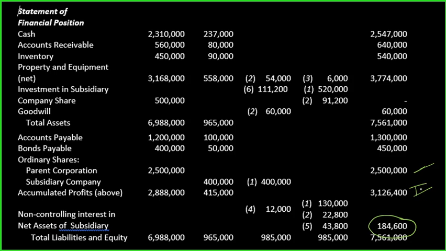Ito yung galing sa T accounts natin. O hindi natin dinagdag yung na-compute natin na retained earnings ng subsidiary, di ba? Instead, we add subsidiary, minority interest, di ba? Instead, we add the net assets, no? Yung share ng minority interest sa net assets. Also coming from your basic T accounts.